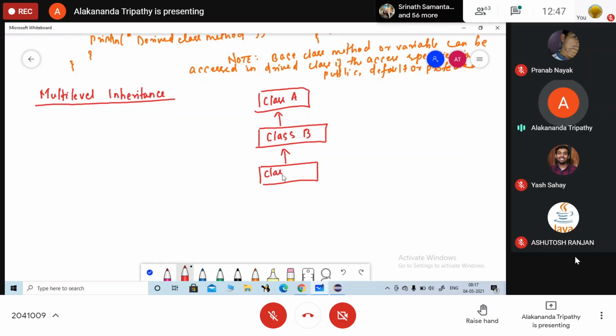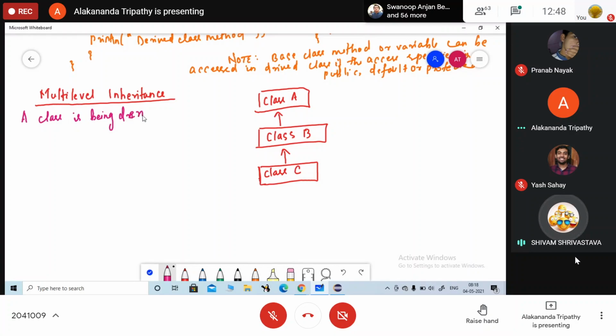Can you give me an example of multi-level inheritance? Can you give an example? When a student inherits properties of a class and a class inherits properties of school.